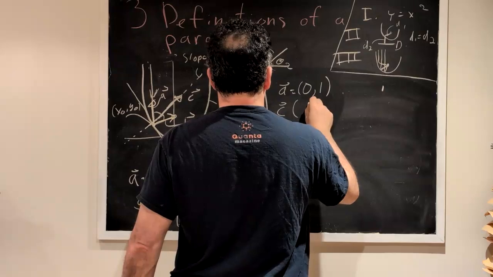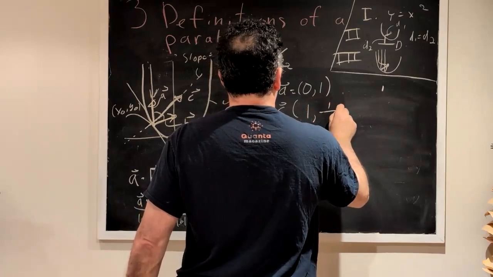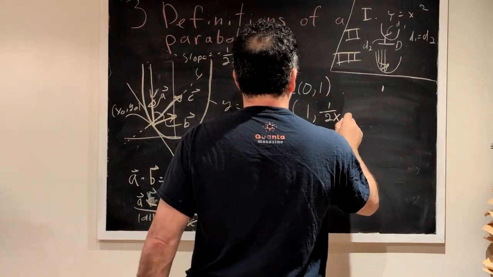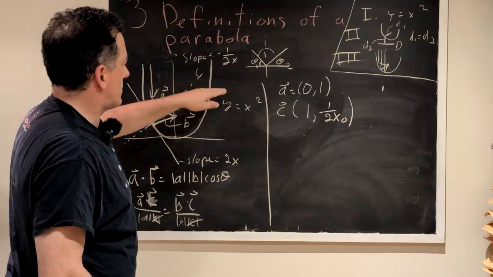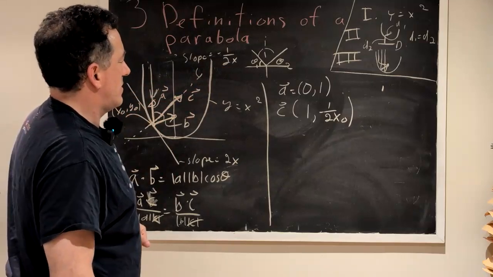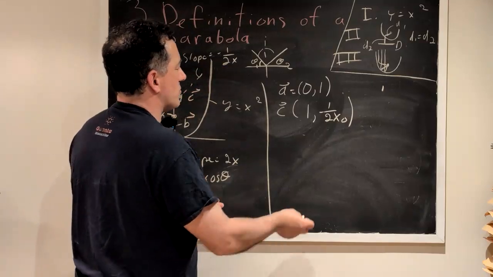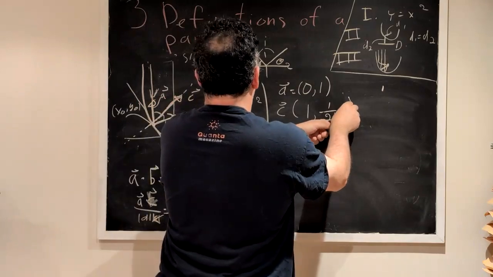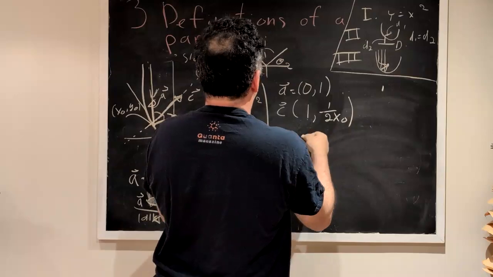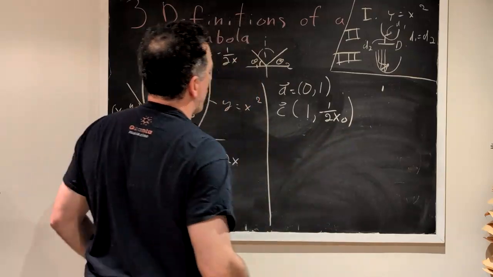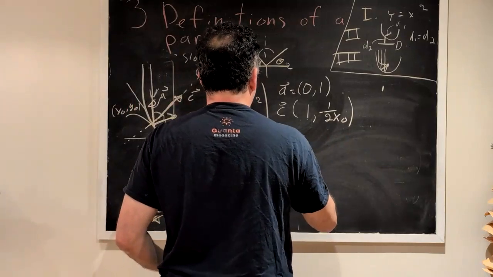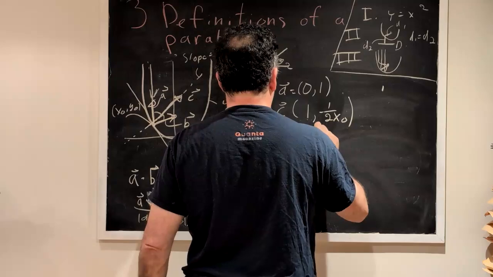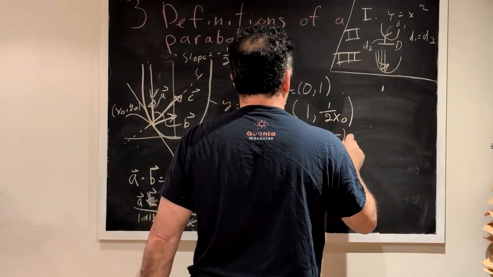Well, I will take (1, -1 over 2x0) because we calculated the slope is minus 1 over 2x for all x. So -1 over 2x0 over 1 gives us something that has a slope -1 over 2x0. And B, well, we don't know what B is, so we take it as (1, v) with some variable v that we have to find.